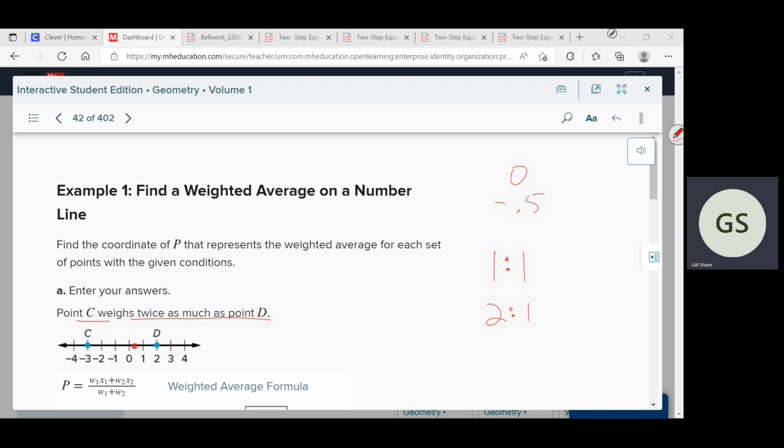So if that's the average right here, if it's equally weighted, but then C is weighted more, it's going to pull the average towards C. So you need to be able to explain to me, no, that is not a viable option. The point should be closer to C because C is weighted more.